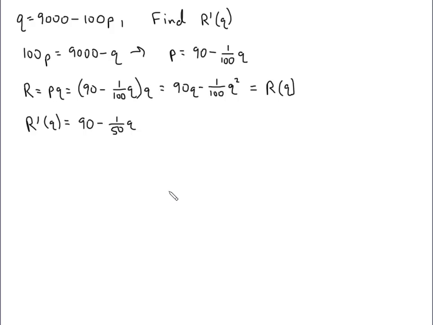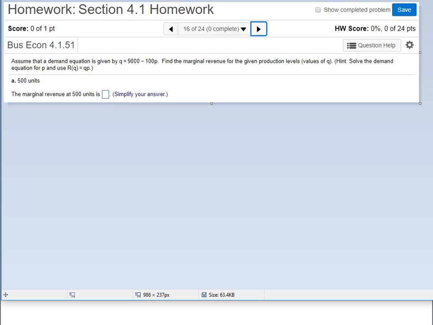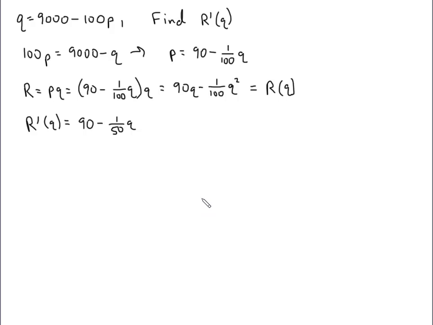And then let's go back to the problem here, it says find the marginal revenue for the given production level. The given production level is 500, so we'll plug in 500. I'm going to find R prime of 500 for this problem.